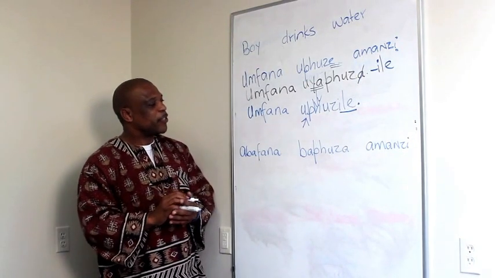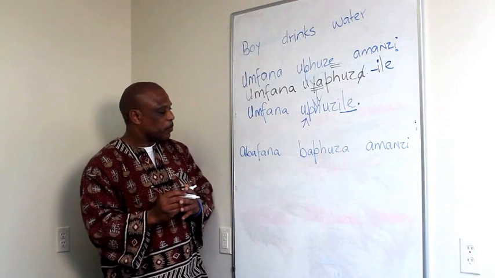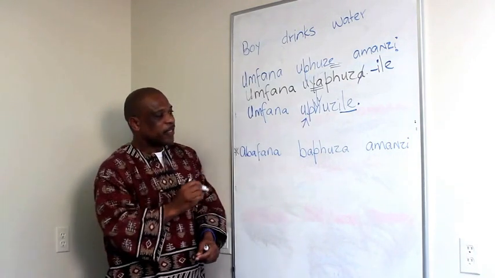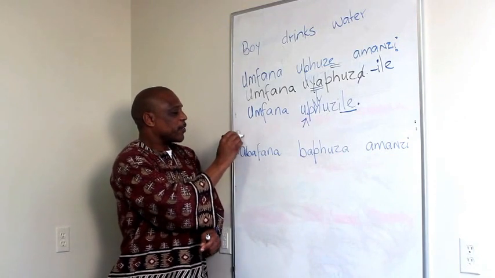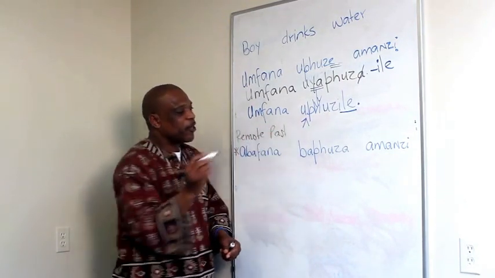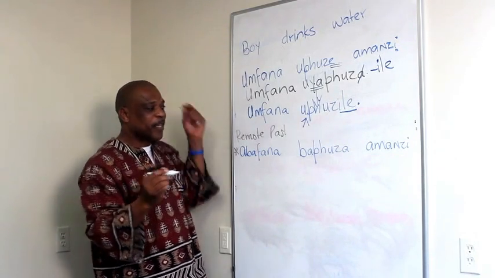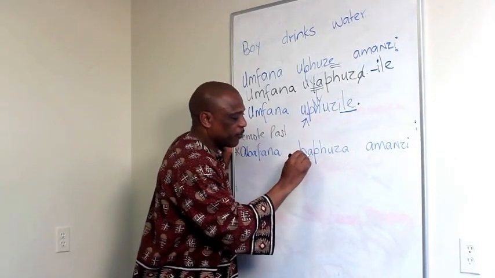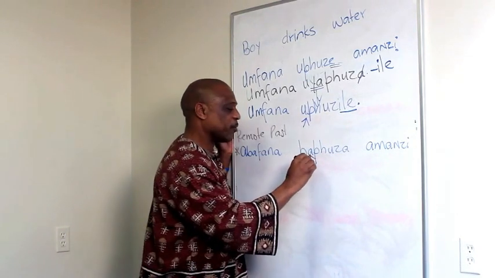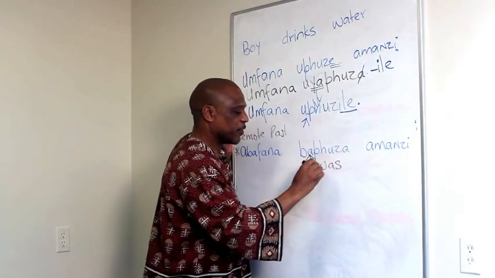Another sentence that I'm interested in revisiting is this sentence here, which is in a remote past tense. I hope you remember that. We know that it's in a remote past tense because in the last part, we added that A, which we say means was.